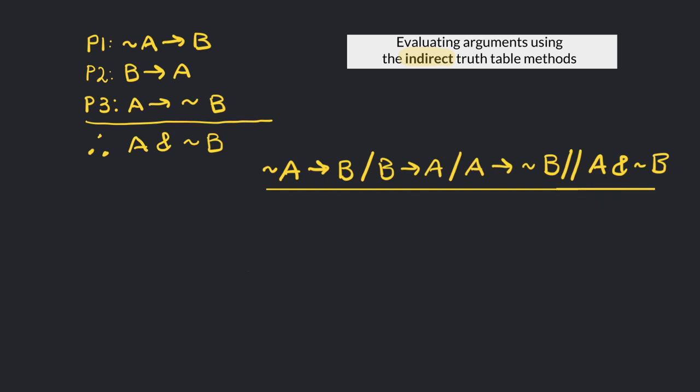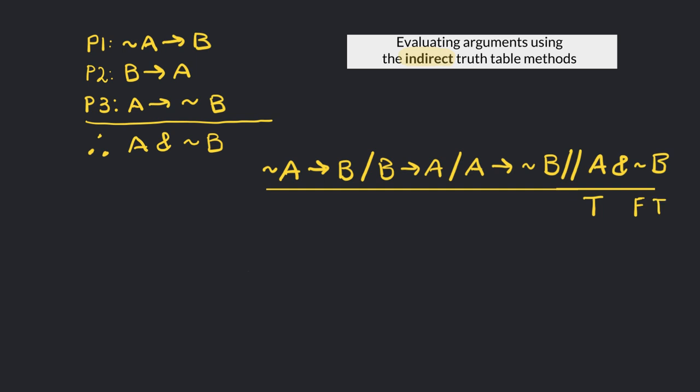So let's write those in, showing that the conclusion is false. So in one case, it would be where A is true, and then the right conjunct, which is the tilde B, is false, which means B would be true.